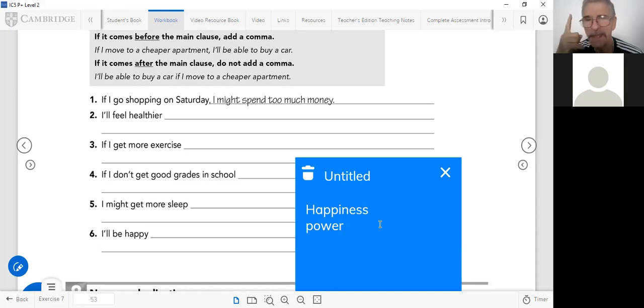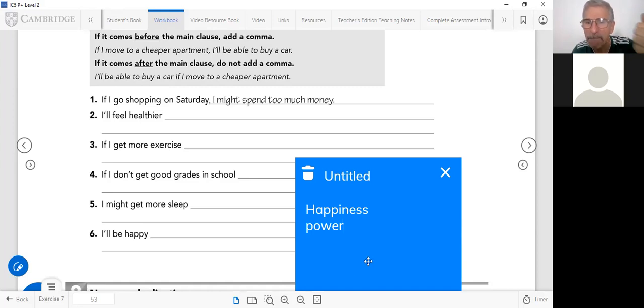It's an adjective. Power is not an adjective. Power is a noun. When you define not the condition, but the thing that makes you move, that is the power. You understand?